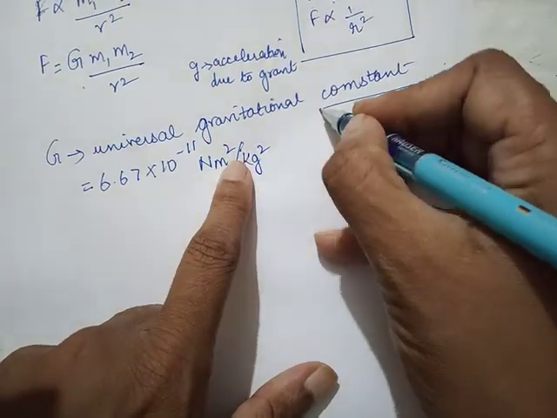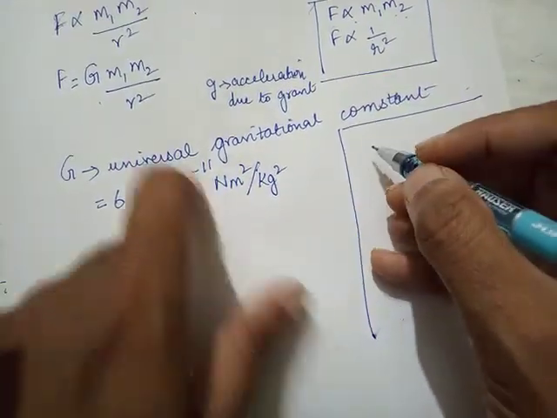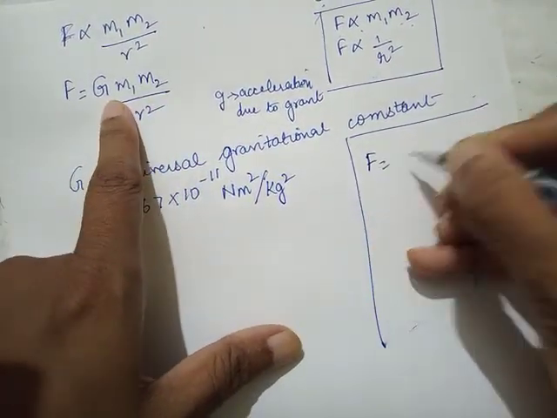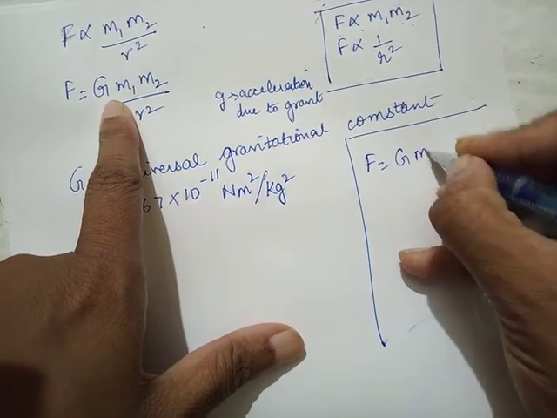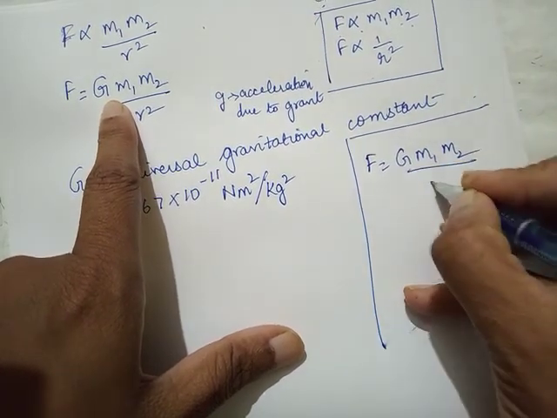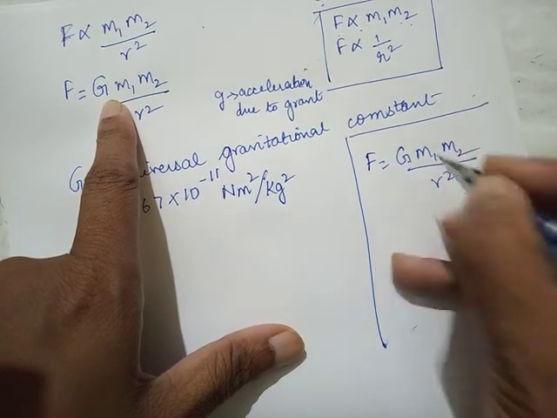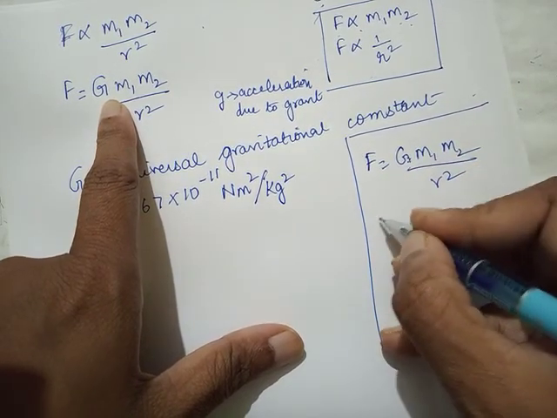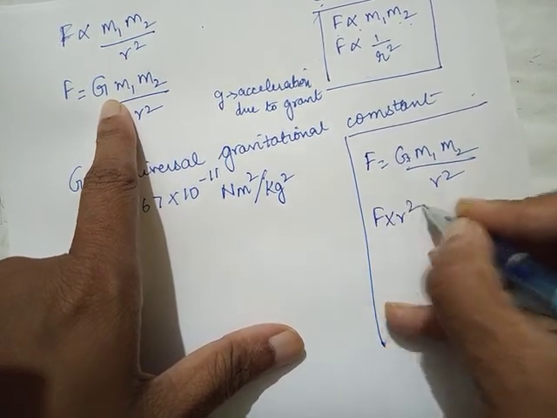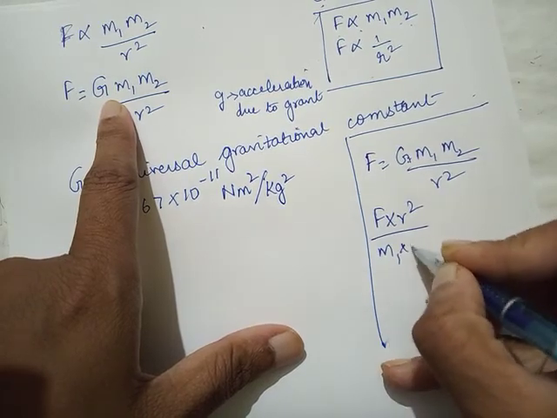Now, how did I get this unit, Newton meter square per kg square? I'll show you. F is equal to G m1 m2 upon r square. I have to find the unit of G, so keep G alone this side and bring the other terms this side: F into r square upon m1 into m2.